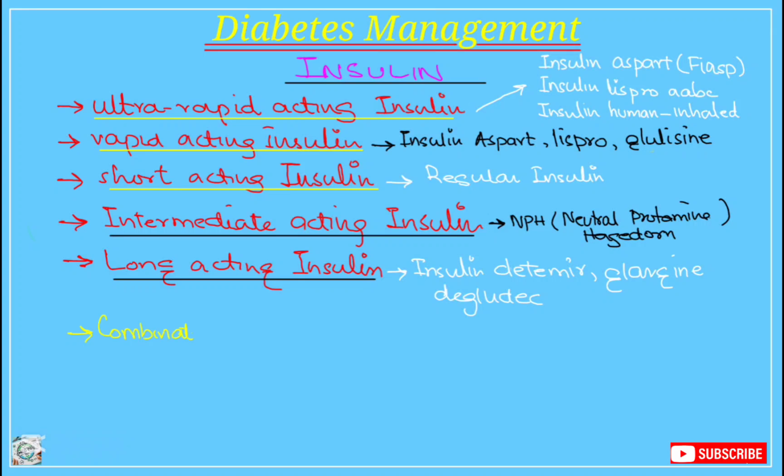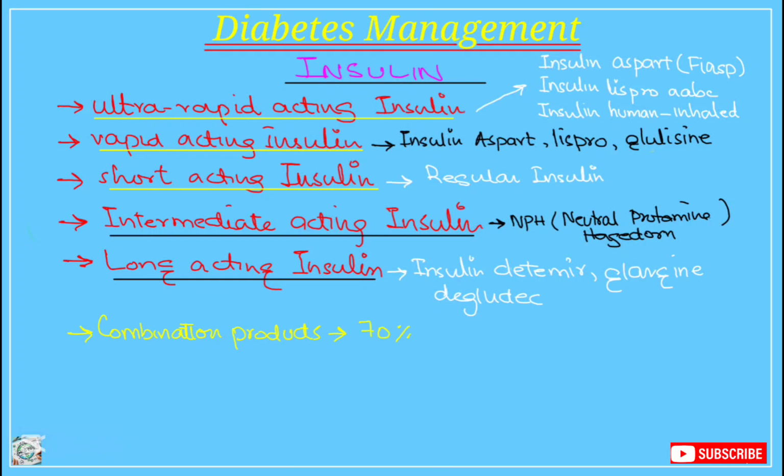Okay, if managing multiple injections sounds overwhelming, combination insulins are also available. These combination products include an intermediate or long-acting insulin for the basal coverage with a short or rapid-acting insulin for the mealtime spikes. These pre-mixed insulins make life a little easier as they reduce the number of injections and still provide effective blood sugar control similar to a full basal bolus regimen.